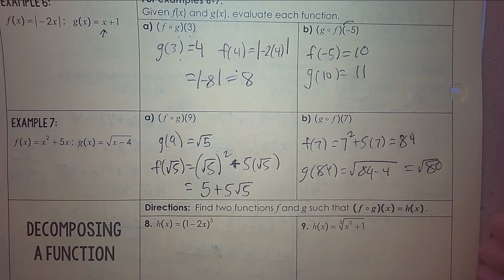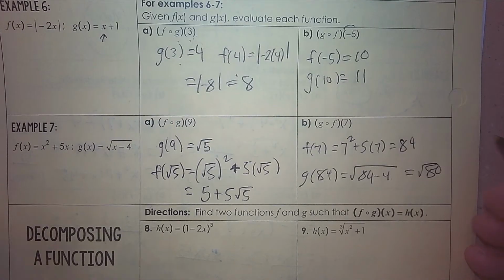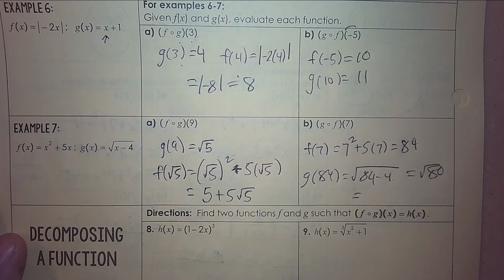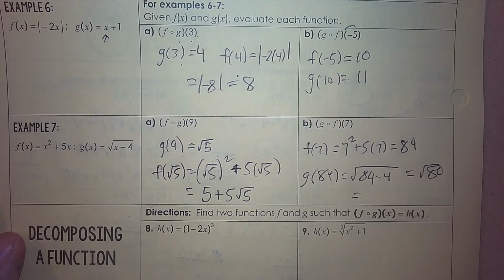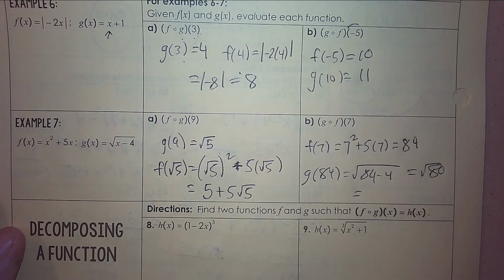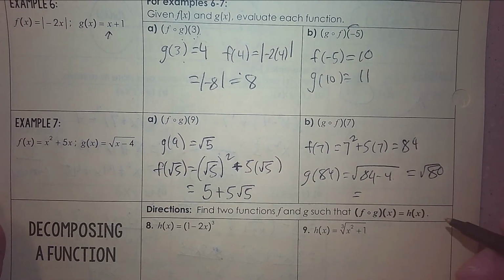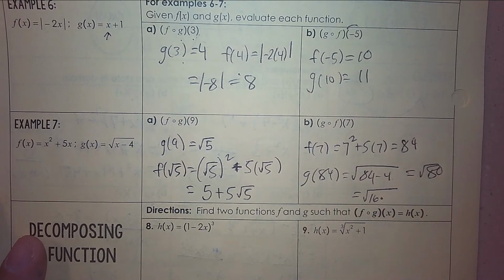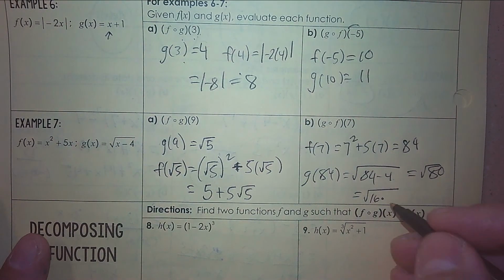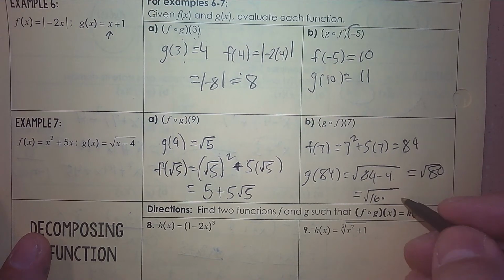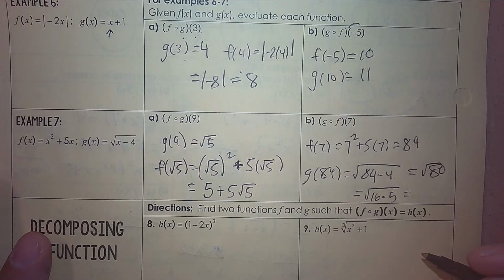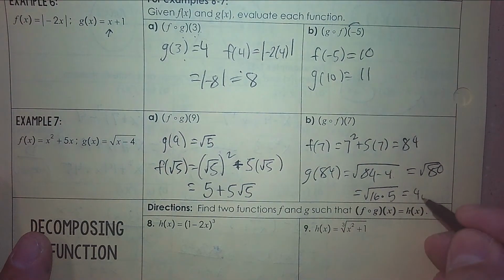Is there a perfect square that goes into 80 evenly? Hey, there's one. 16. 16 times what is 80? Yeah, someone whispered to you correctly. And the square root of 16 is? 4, and what's left over is 5. So it's 4 root 5 is the answer.